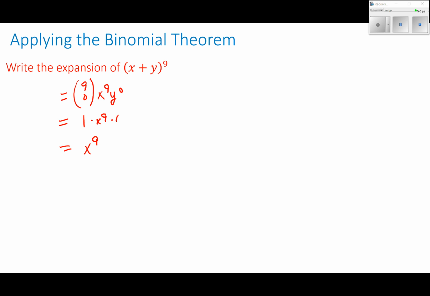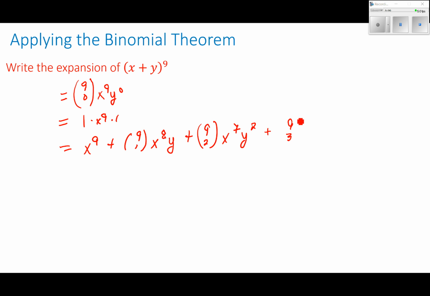But to stay consistent with our pattern, now we're going to have this plus 9 choose 1. Take 1 away from our exponent, so this is x to the 8th. Add 1 to the exponent, so this is y. Plus 9 choose 2, x to the 7th, y to the 2nd.